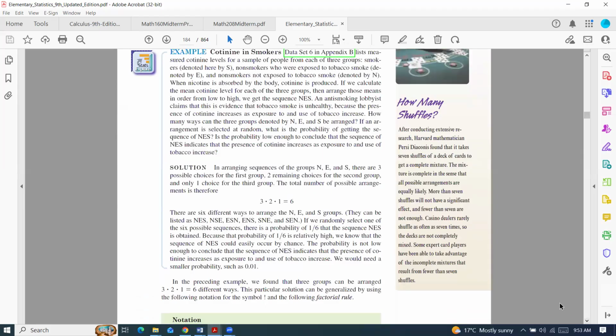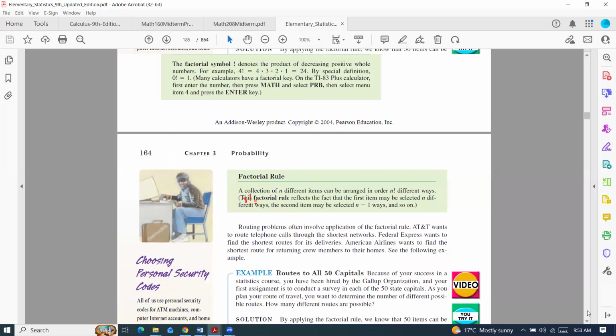So for example, if they want you to find 3 factorial, that's what they call it, what you do is start with 3 and then multiply it by 1 less, by 2, and then by 1. Interesting, right? So that's what we can practice today, multiplying things.